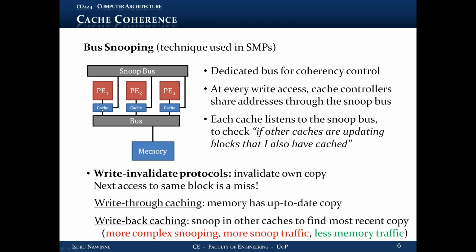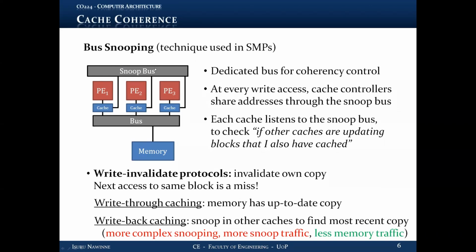Only the cache of the processor that performed the latest write is going to have the up-to-date value. In such a scenario, if the other cache controllers invalidate a particular cache block and are going to suffer a miss in the future, they can fetch the missing data block from other caches using the snoop bus.